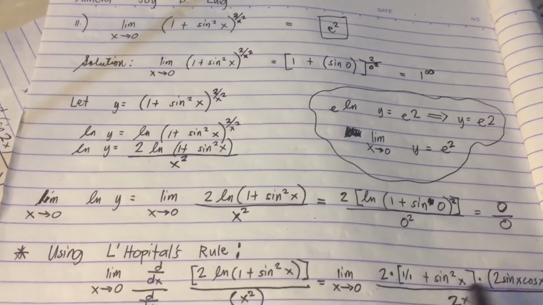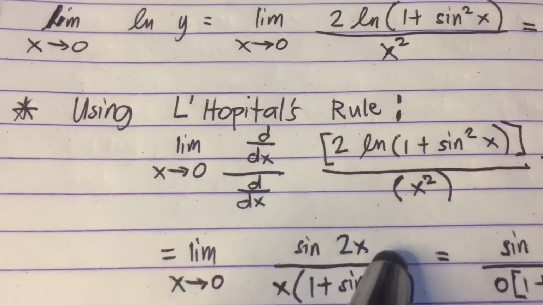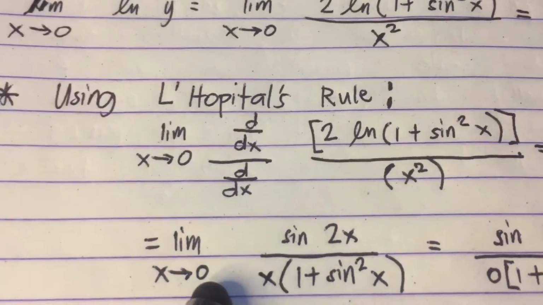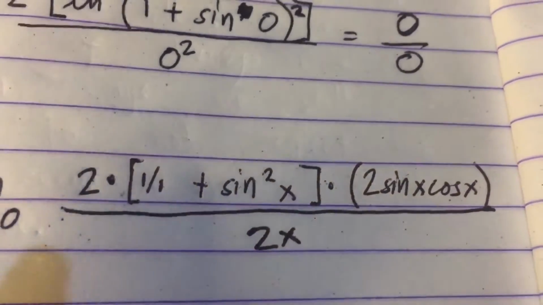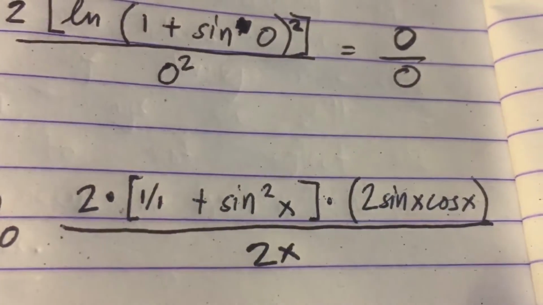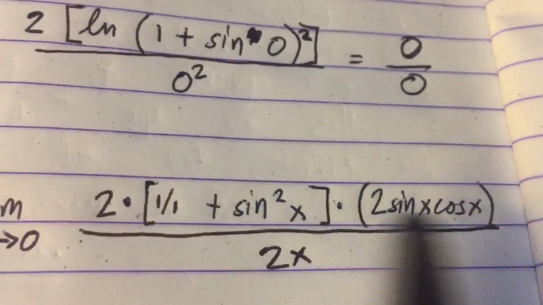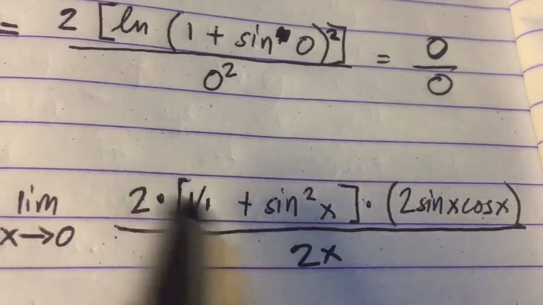By this, we have the limit of sine 2x over x times (1 plus sine squared x) as x approaches 0, since we have this: sine 2x for this, and then this one is the denominator.